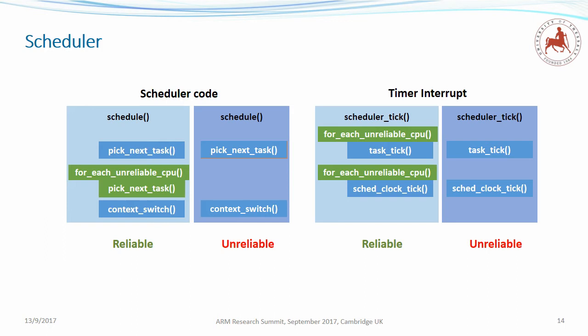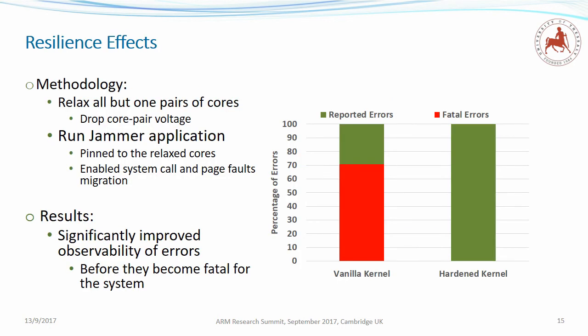Scheduling is particularly important because the scheduler touches, to a large extent, the data structures of the kernel. So let's go a bit to the effects in resilience of all this exercise. What we do is that we relax all but one pair of cores.